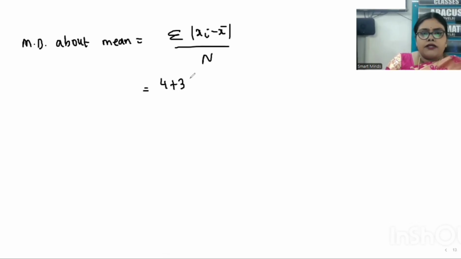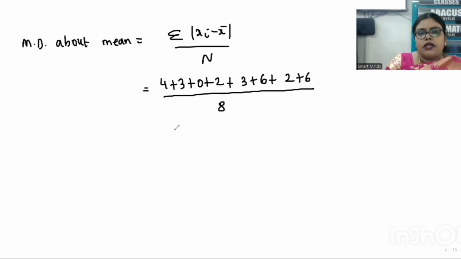So 4 plus 3 plus 0 plus 2 plus 3 plus 6 plus 2 plus 6 by 8. If you add them all, you get 26 by 8. That can be written as 13 by 4. And 13 by 4, if you divide, you get 3.25. This is the final answer.